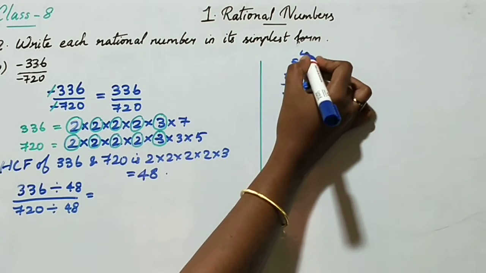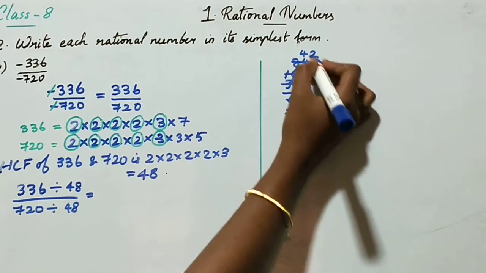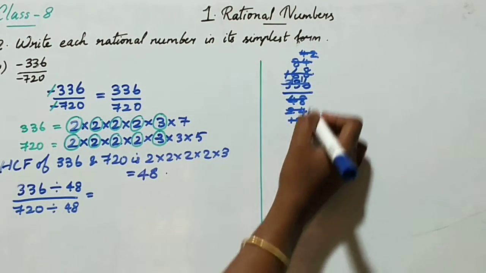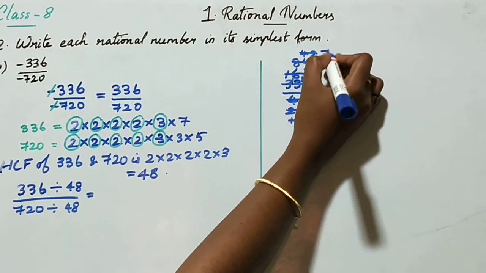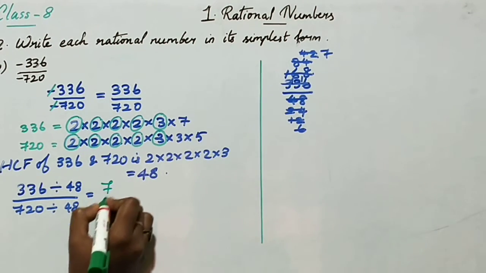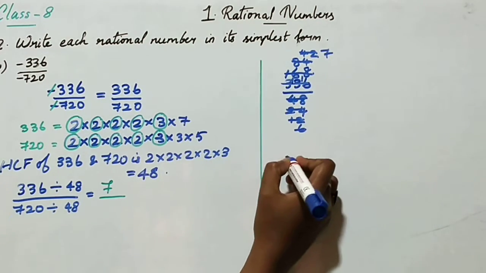Again second table, 4 2s are 8, 2 2s are 4. Again second table, 6 2s are 12, right? So this can be cancelled in sixth table, right? 1 6 is 6, 7 6s are 42. Okay, so what is the numerator now? 7. Okay, so I got here 7 divided by now 720, right?